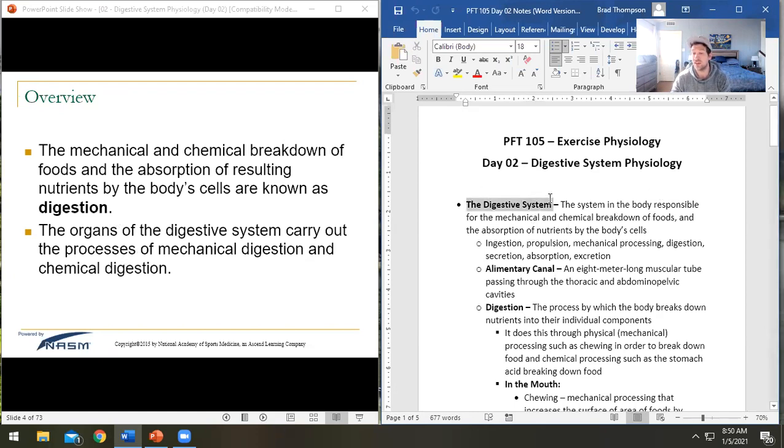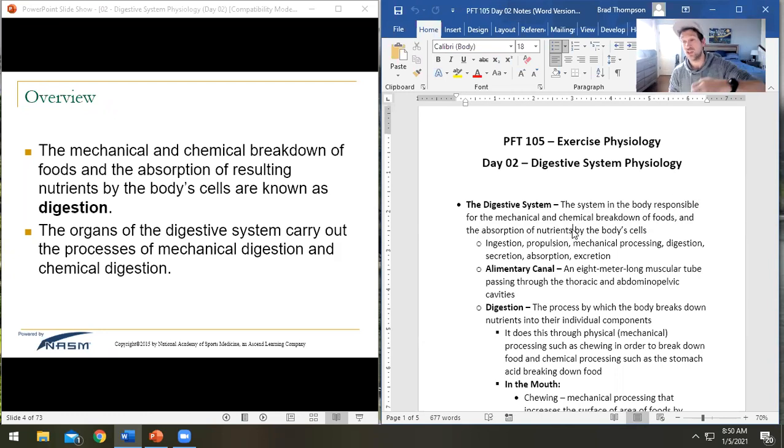So your digestive system, I always like to start with a little definition in the overview here, is the system in the body responsible for mechanical and chemical breakdown of foods, and it's responsible for the absorption of nutrients by your body's cells. So when we talk about digestion, it's called the digestive system, right? And obviously that's a part of what it does.